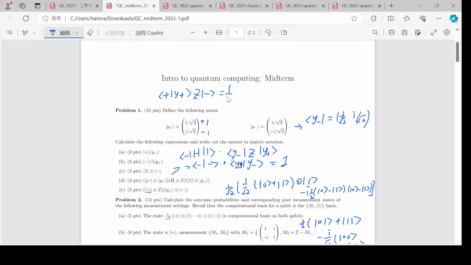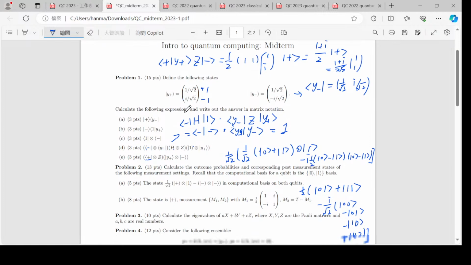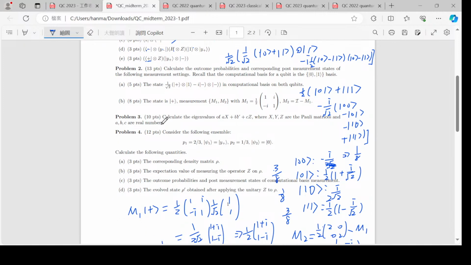You need to calculate 1 over 2 and 1 i, and then the minus is a plus state, and then this thing is 1 over 2, 1 plus i, and plus state. Okay. Oh, well, we want matrix notation, so I need to expand this plus also. So 2 over square root 2, 1 plus i, and 1, 1. Okay, so that's the first one, second one, and the third one.